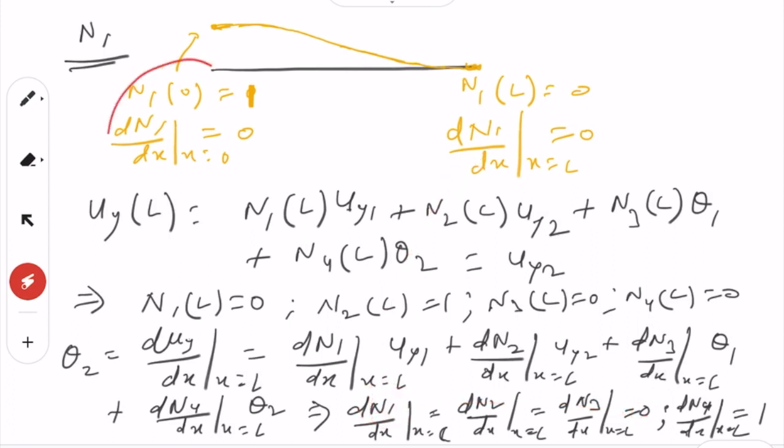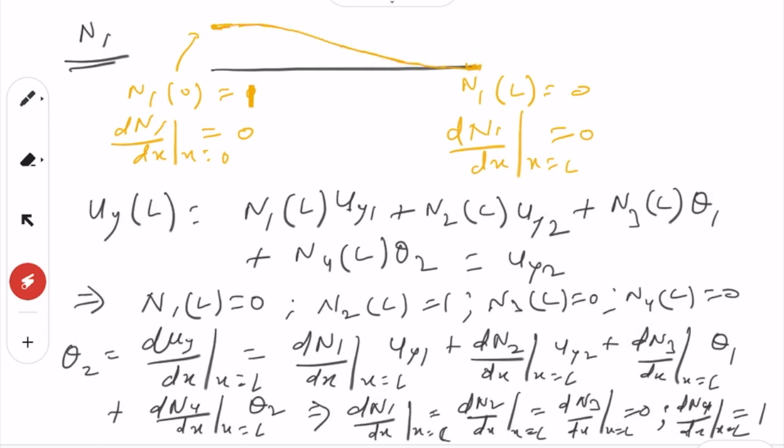So same thing we are writing it here. So we got these conditions, and what it tells you is that this curve has to have value 1 here and the slope has to be 0, and here the value is 0 and the slope is also 0. So this will look like something like this.